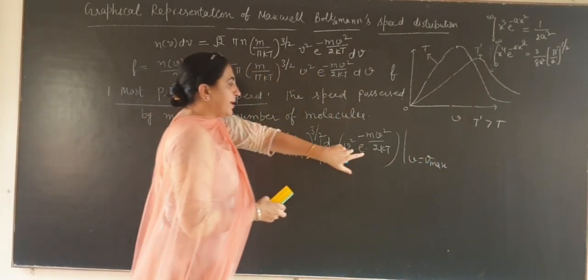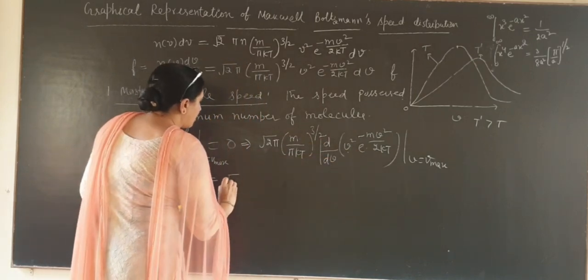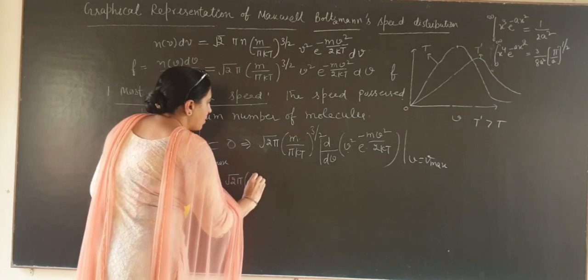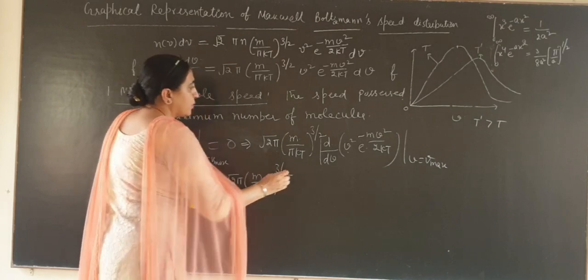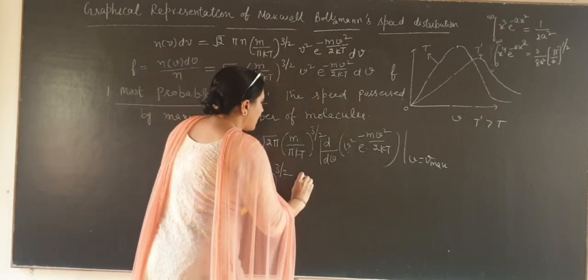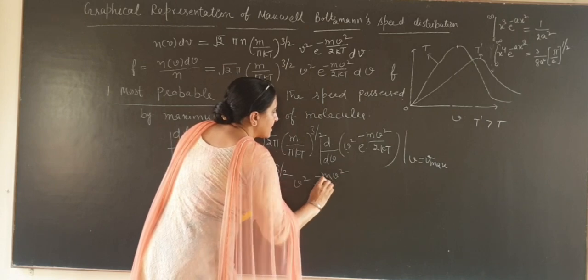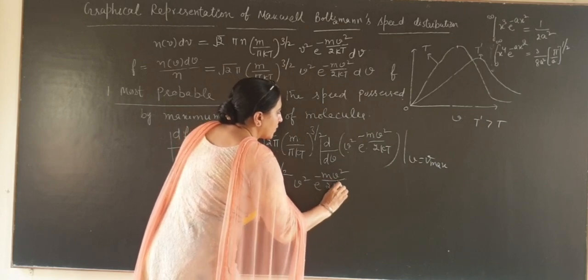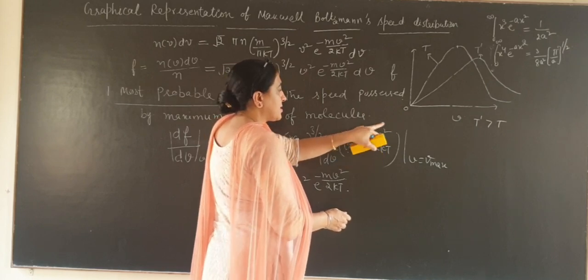So this is a uv term. Take its derivative. Its derivative is equal to under root 2 pi m over pi kT raised to power 3 by 2, times v square into the derivative of e raised to power minus m v square upon 2 kT, into the derivative of this whole term.